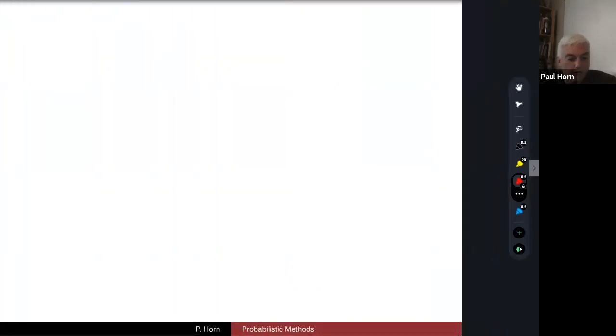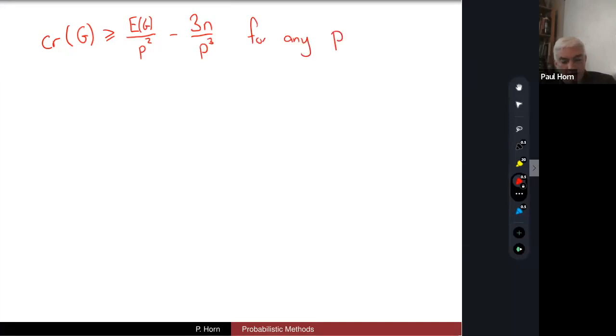So let's go on for a second here. I have this inequality that the crossing number of any graph G is at least, I'm just copying it so that I remember, the number of edges of G over p squared minus 3 times the number of vertices of G over p cubed, for any p in (0, 1).